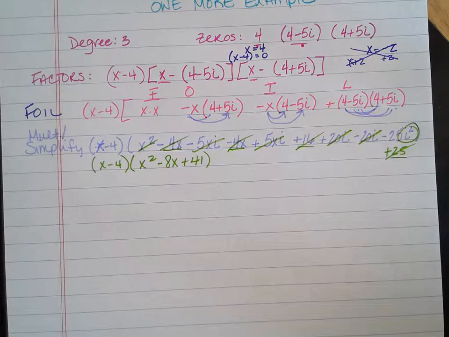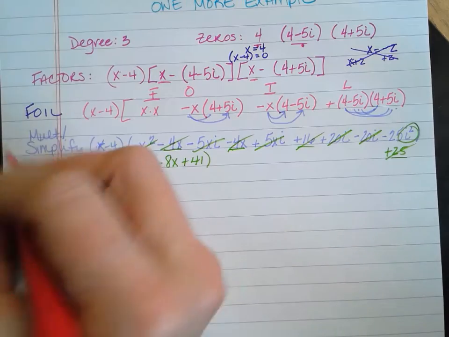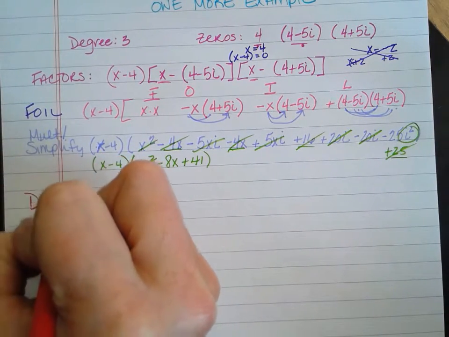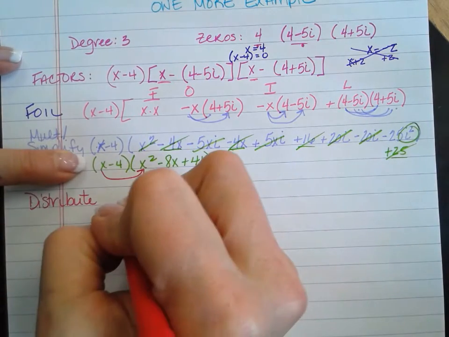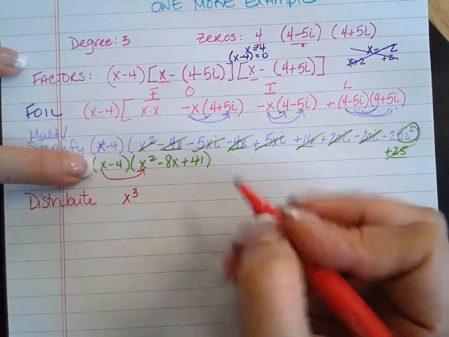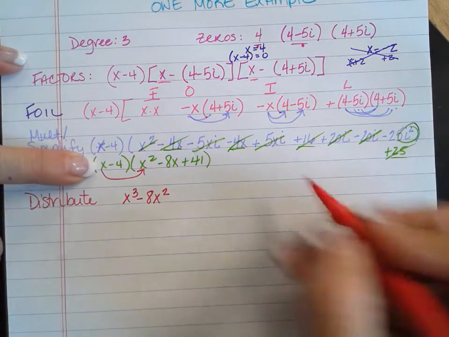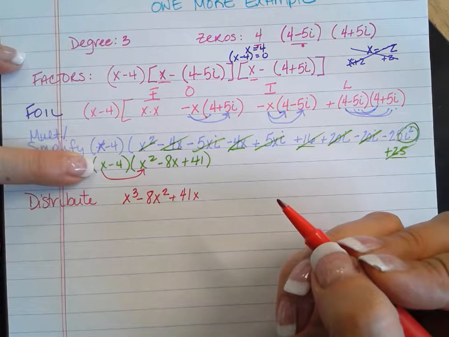Good? Now what do I want to do? Distribute, right? Just multiply again. Alright, so x times x squared gives me x cubed minus 8x squared plus 41x.